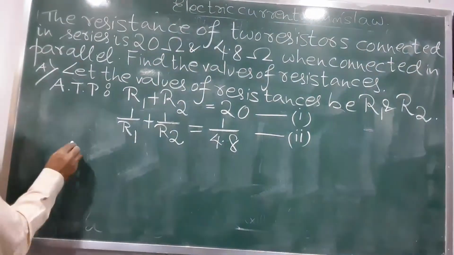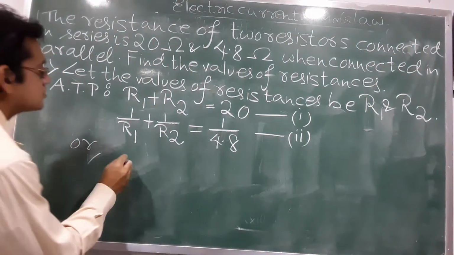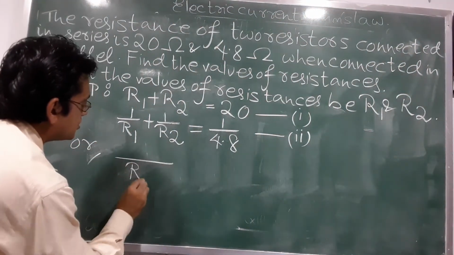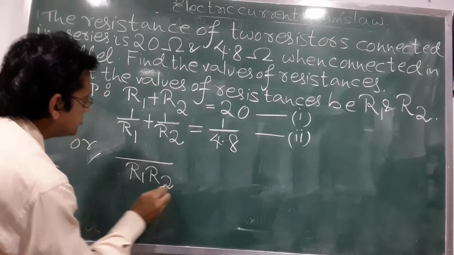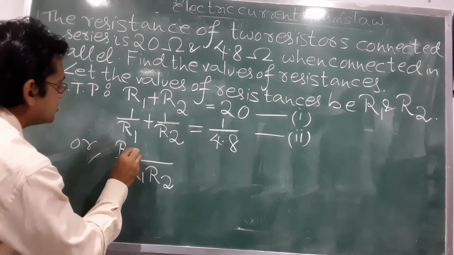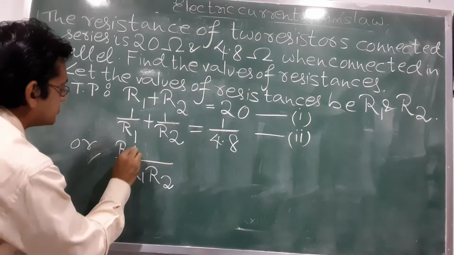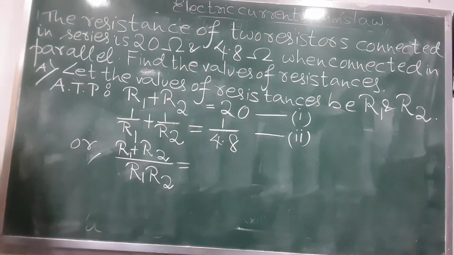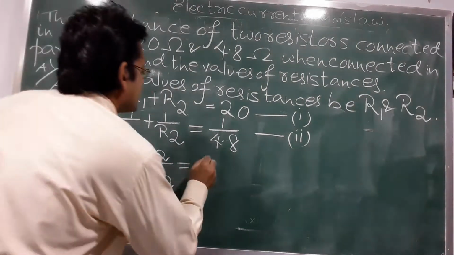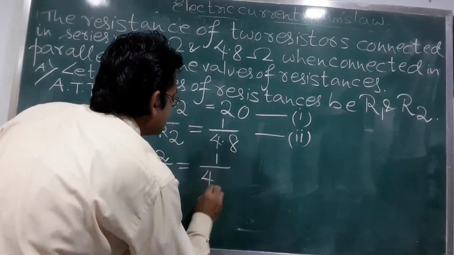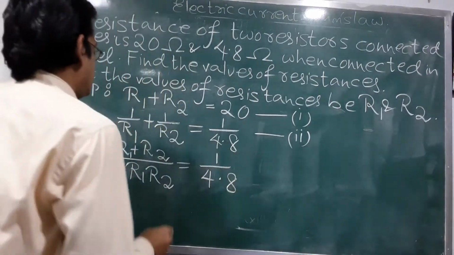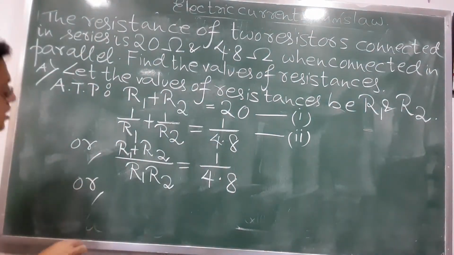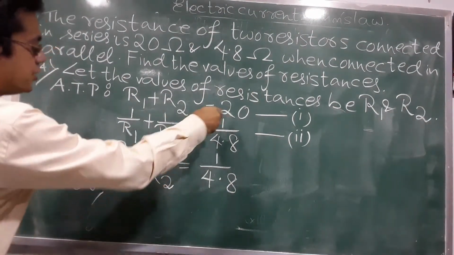Okay? Or R1 plus R2 over R1 R2 equal to 1 by 4.8, or R1 plus R2 is how much? 20.